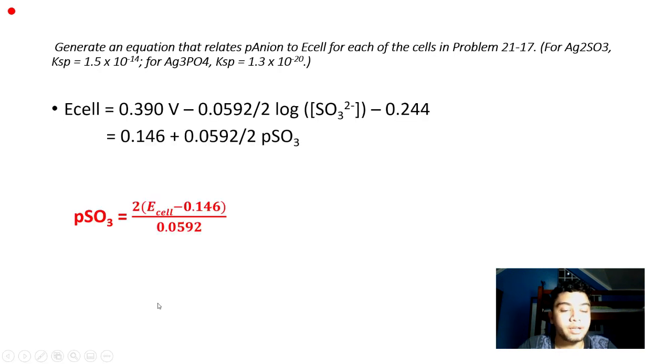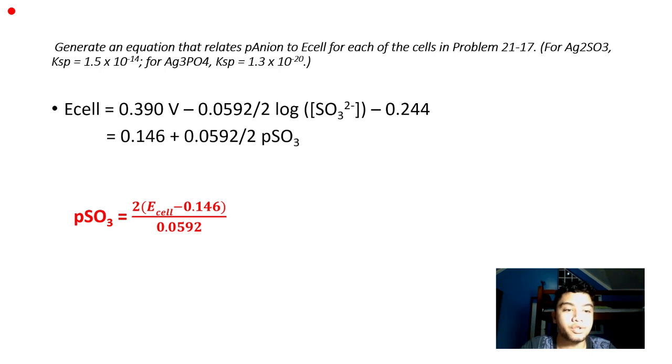After determining the value for the E indicator of Ag2SO3, we are going to substitute that into the first equation, right? Which is the E cell is equal to E indicator minus E reference plus E junction. Since the junction is 0, you won't be minding that. So substitute 0.390 for the E indicator.